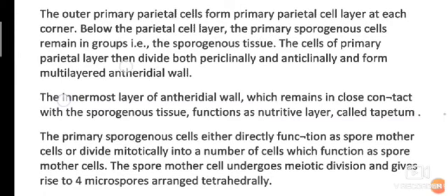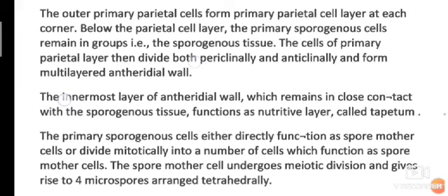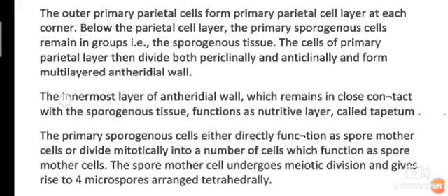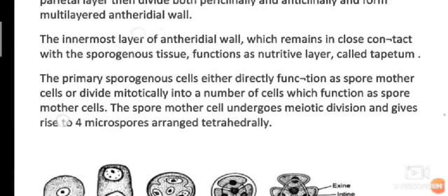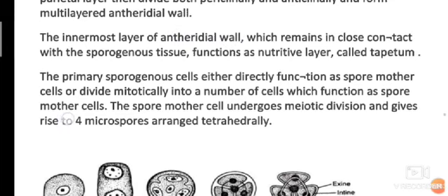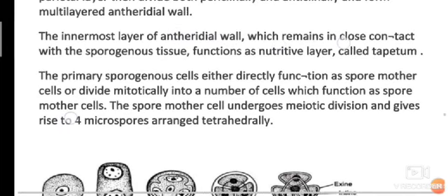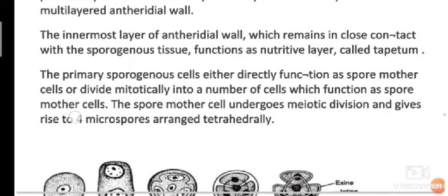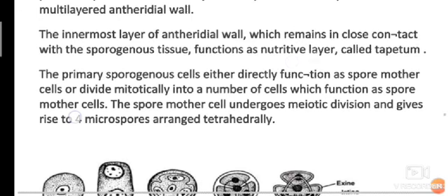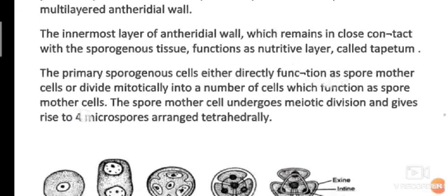The cells of the primary parietal layer then divide both periclinally and anticlinally and form a multi-layered antheridial wall. The innermost layer of the antheridial wall, which remains in close contact with the sporogenous tissue, functions as a nutritive layer called the tapetum.